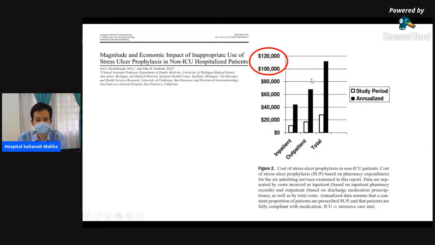You can see that even in 2006, nearly 15 years ago, in America, this already cost 100,000 to 120,000 per annum, the cost of stress ulcer prophylaxis in non-ICU patients. That means we're contributing more towards that. I would not say wastage, but a medical burden or economic burden on our expenditures.